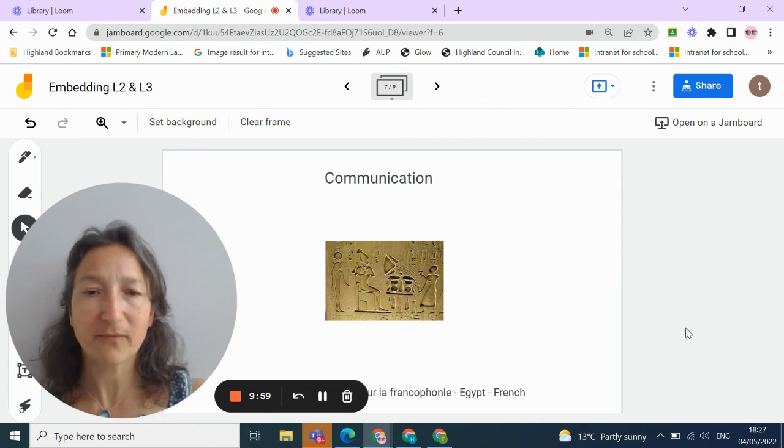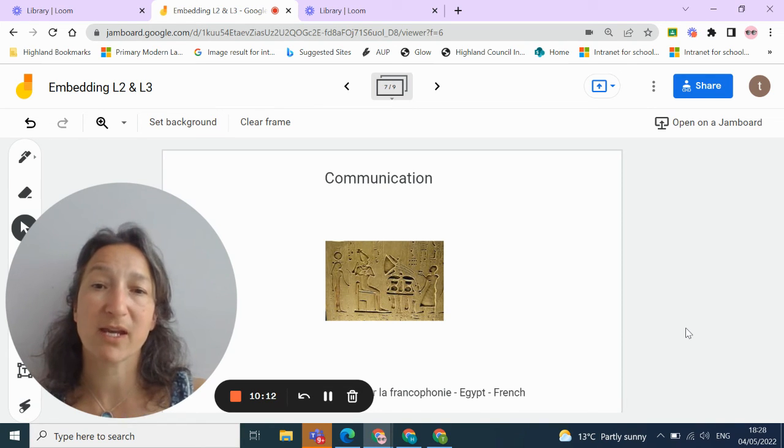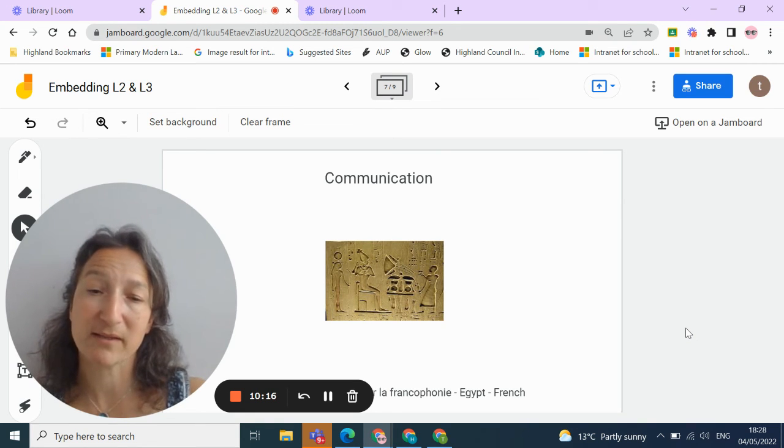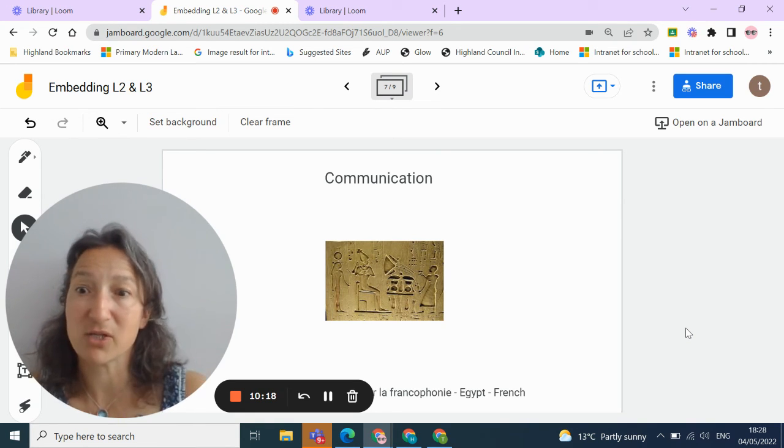And lastly, here we've got communication. And as a resource, Passeport pour la Francophonie, which looks at Egypt and hieroglyphs in terms of communication, and can link that with the alphabet, for instance, in French communication systems. So have a wee think.